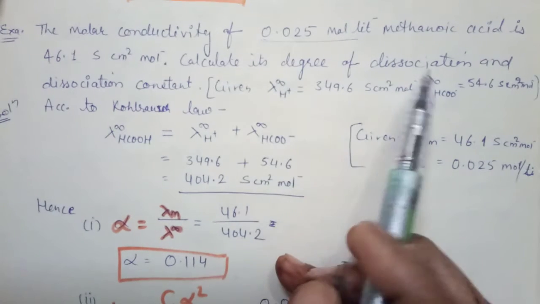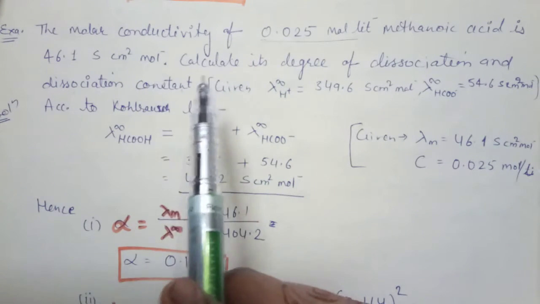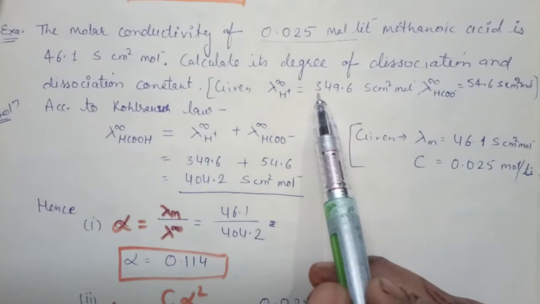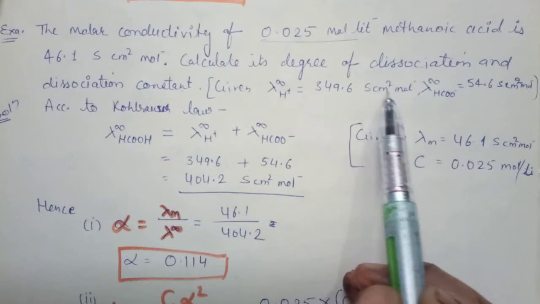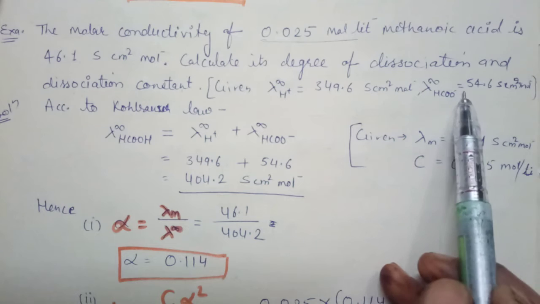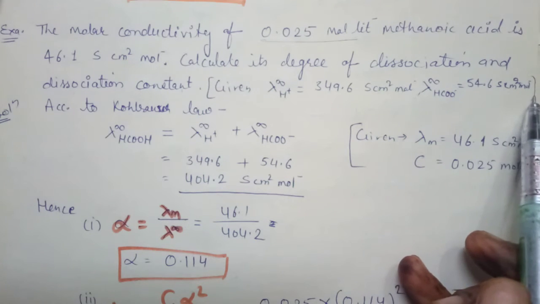Calculate the degree of dissociation and dissociation constant. We have to calculate the alpha and the K, and given lambda infinity H plus is equal to 349.6 Siemens centimeter square mole inverse, and lambda infinity HCOO minus is equal to 54.6 Siemens centimeter square mole inverse.